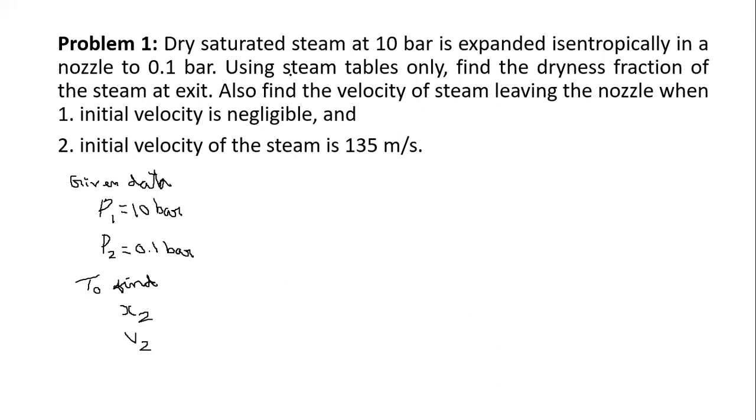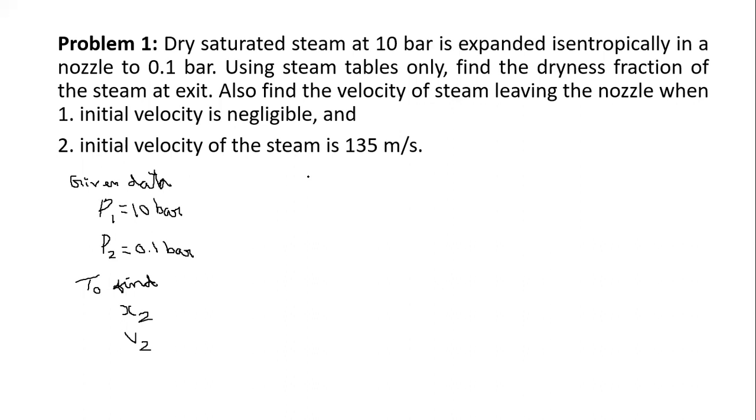So you need to use the steam table to find the value. So at first, from steam table, the corresponding value of pressure is equal to 10 bar, you need to write the value for SG1.